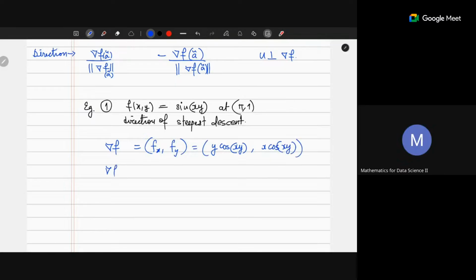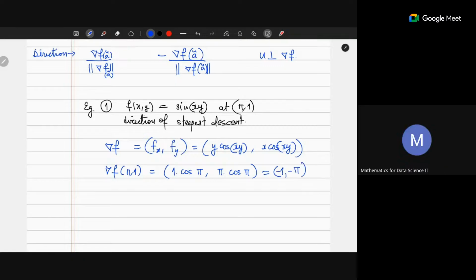And after evaluating at pi comma 1, we get 1 times cos pi and then pi times cos pi. All right. Now, what is cos pi? It's minus 1. So it is minus 1 comma minus pi.